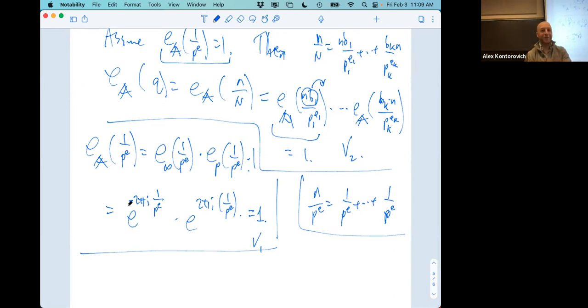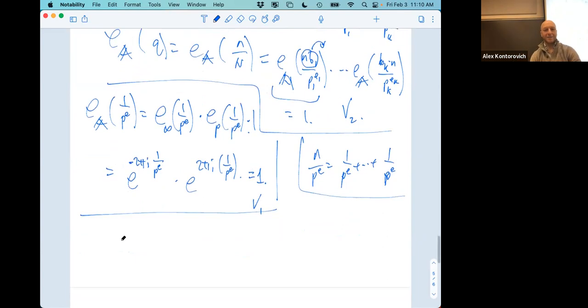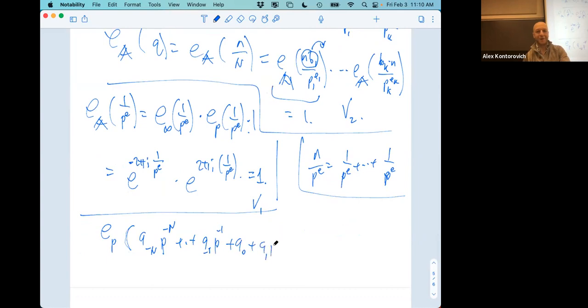So that minus sign on the reals is exactly to kill off the plus sign at all the other places, in the same way that the adelic absolute value on the rationals comes out to 1. If I have a generic number, a_{-n} p^{-n}, up to a_{-1} p^{-1}, plus a_0, plus a_1 p, and so on, the p-adic exponential is just e to the 2 pi i times this whole number, except everything from the a_0 term on is an integer. e to the 2 pi i of an integer is 1.